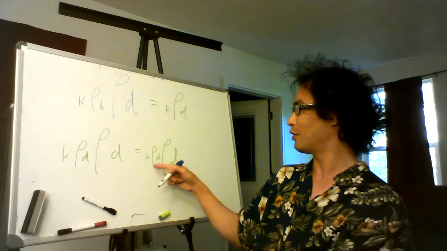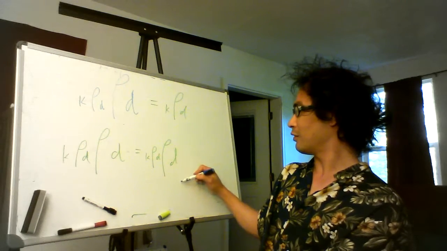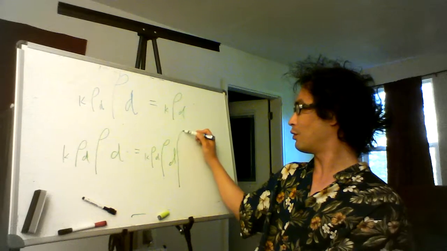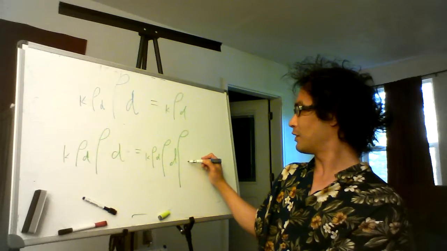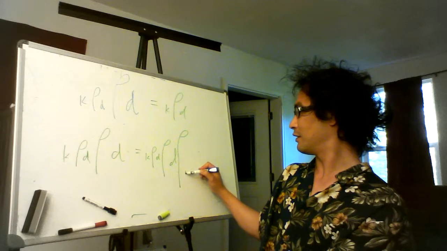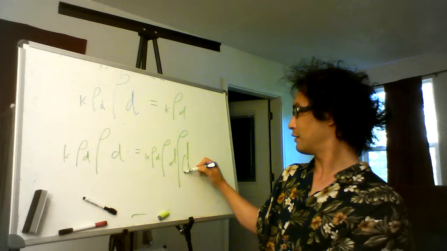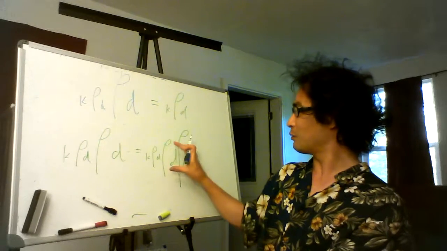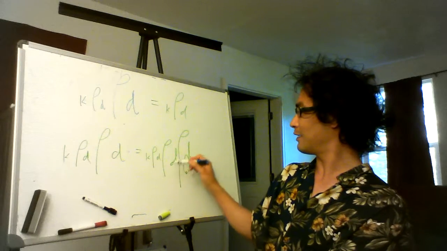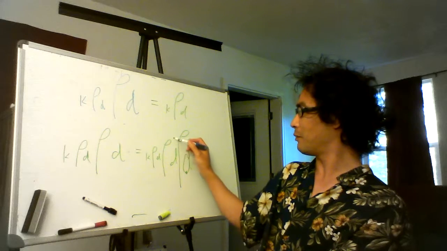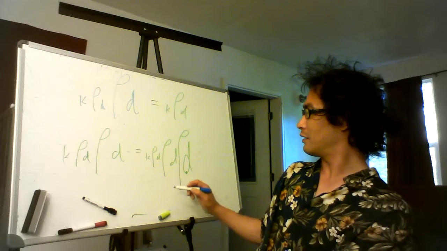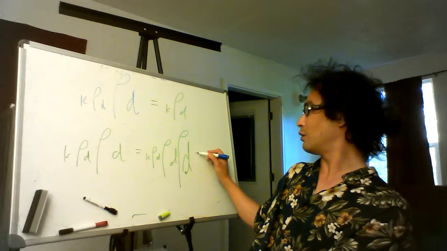Upper limit, lower limit. And then you have bigger rho and bigger d. So it has to match this size, lower limit, upper limit. This is all what?